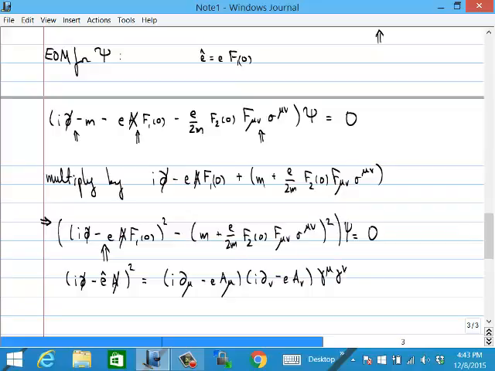But what is gamma mu gamma nu? Gamma mu gamma nu, I could write that as 1/2 the anti-commutator of gamma mu gamma nu plus 1/2 the commutator of gamma mu gamma nu.